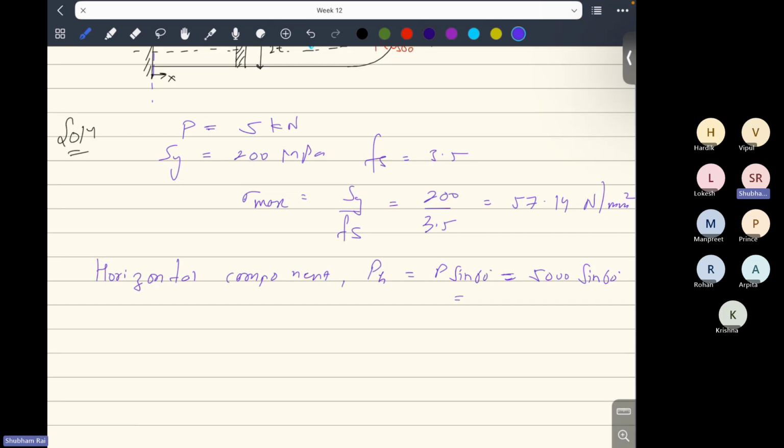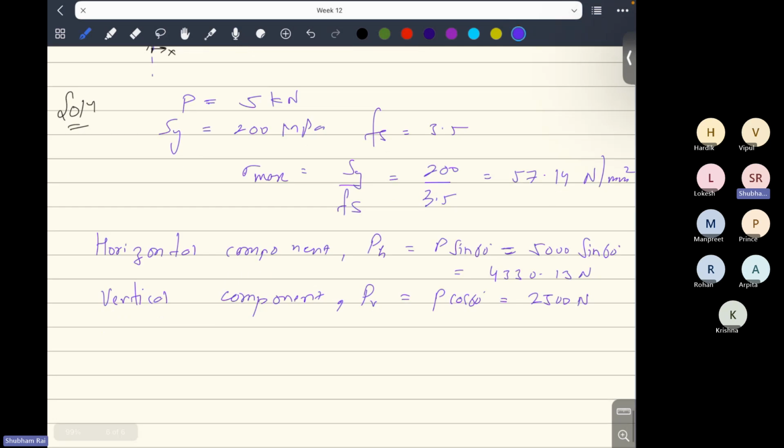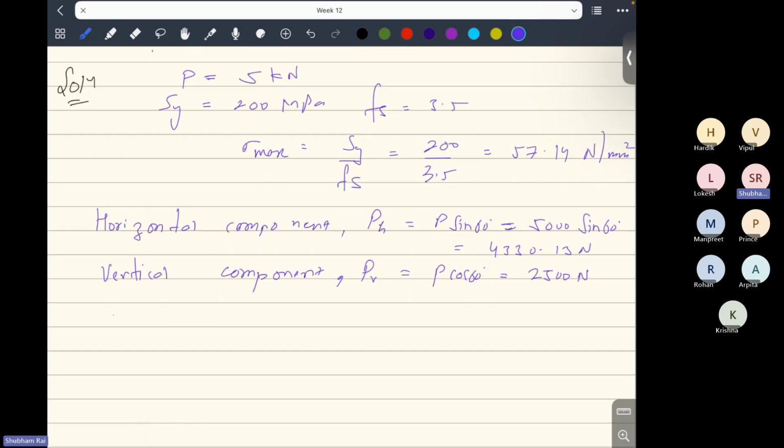Finally, you should get 4330.13 Newton. And then you have the vertical component, which is P vertical, that is P cos 60 degree, that is 2500 Newton, because it will be half, P by 2.